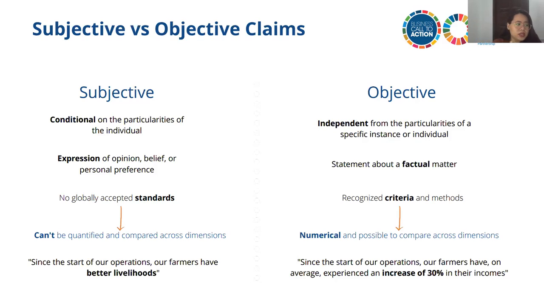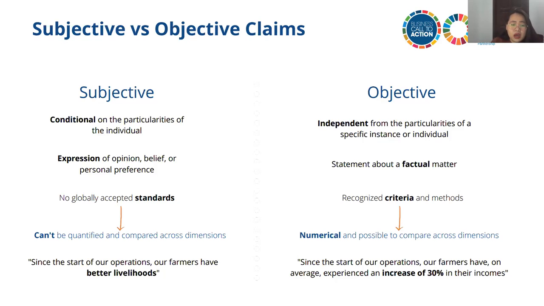In line with the previous slide on putting numbers into words, you have to be objective. Why? Because being objective is independent from the particularities of a specific instance or individual. It is a statement about a factual matter. So it is facts. You also recognize criteria and methods for that.